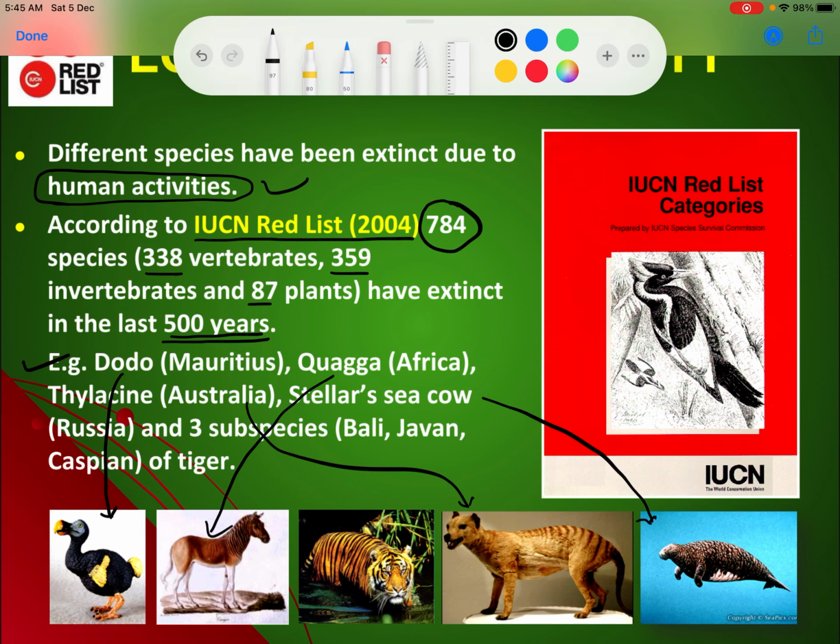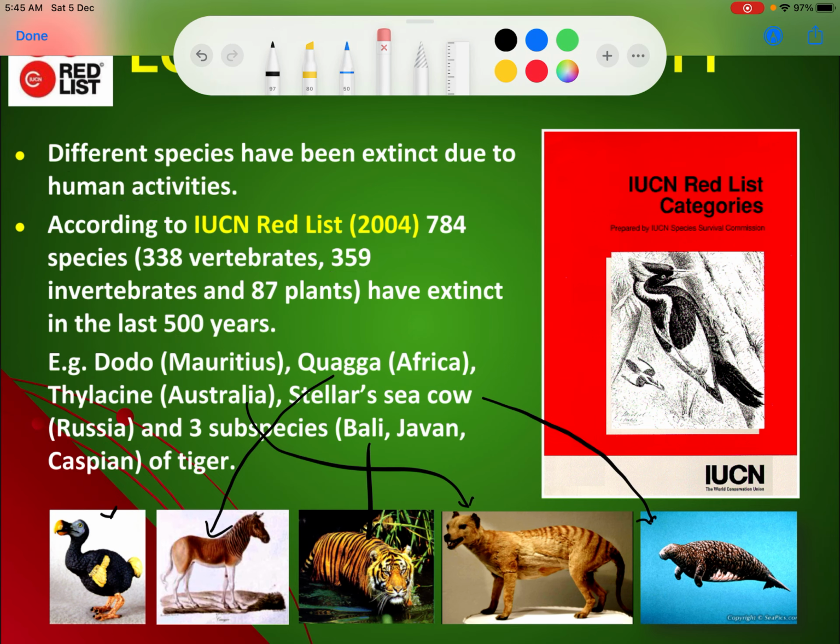And 3 subspecies of tiger, that is Bali, Javan, and Caspian. So many species are becoming extinct due to human activity.